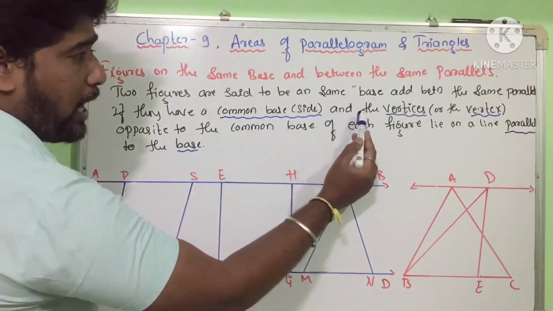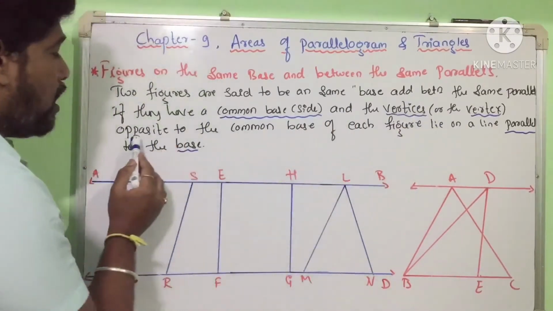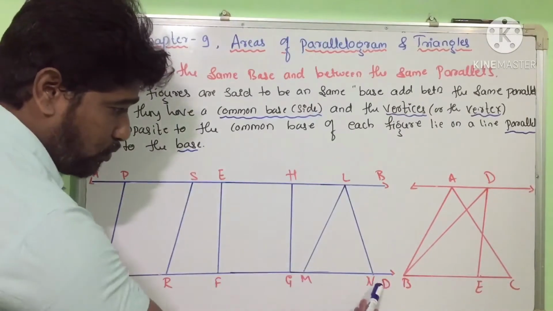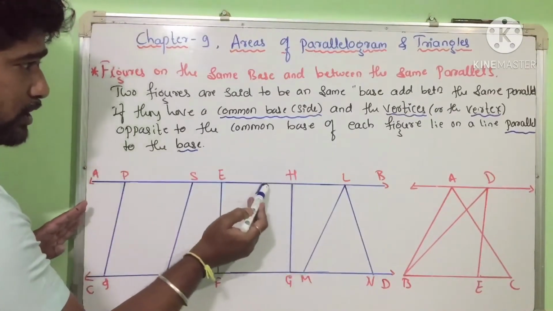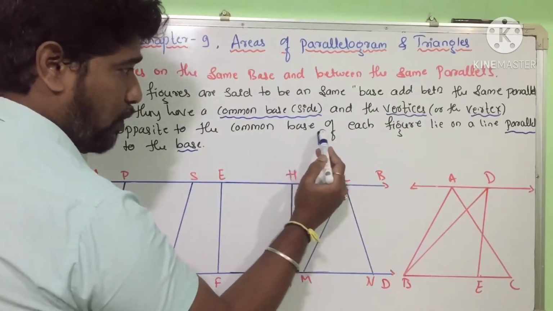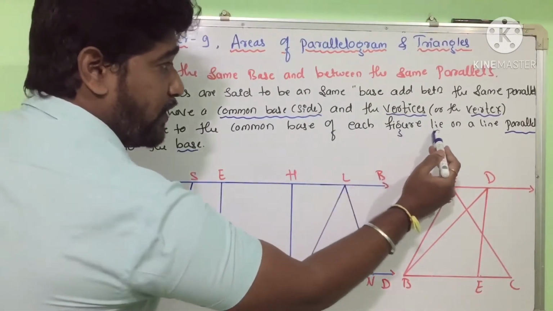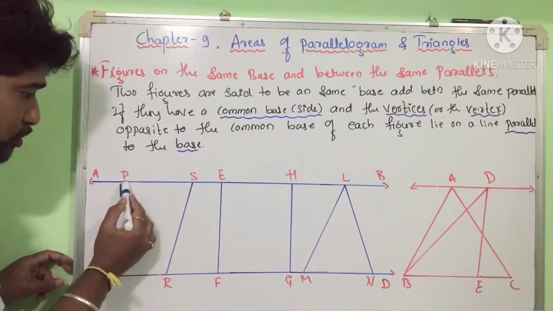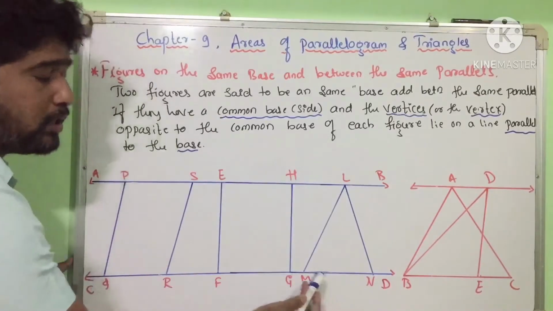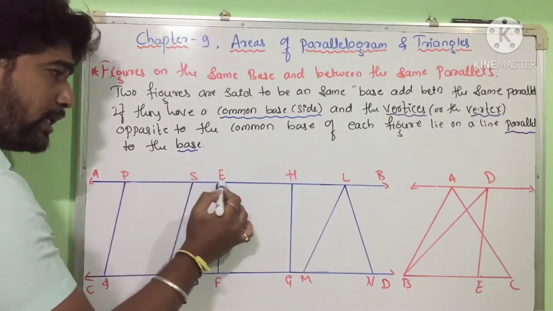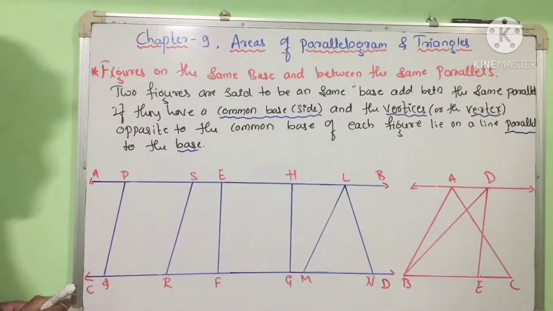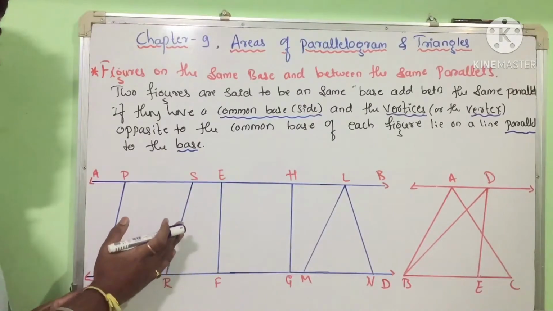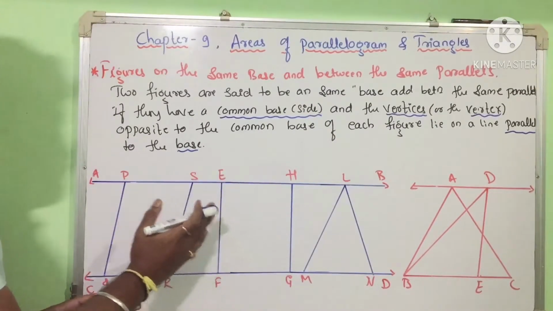And the vertices opposite to the common base of each figure lie on a line parallel to the base. So this line is parallel to the base, and here the vertices lie on it. Is it clear? So this kind of figures is called on the same base and between the same parallel lines.